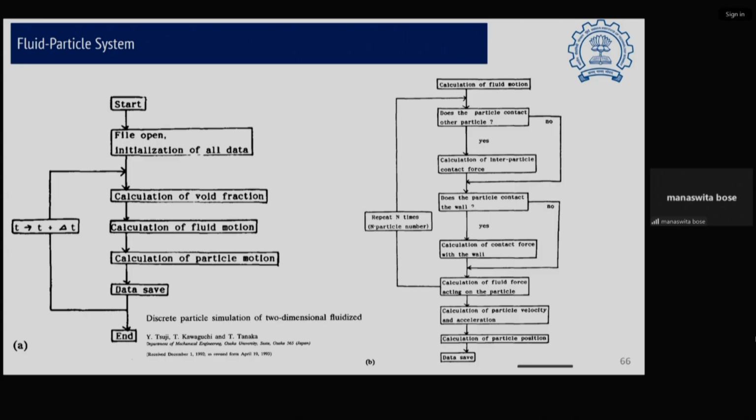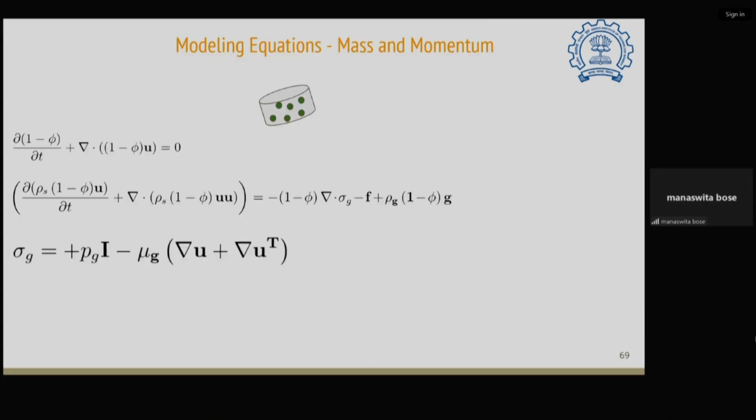Once we have got, say after the 10th time step, the positions, velocities and angular velocities of the particles, with that we calculate the drag force at the fluid time step, right? Can you see this? On the right panel, there is calculation of the interparticle contact force. We are at that step.